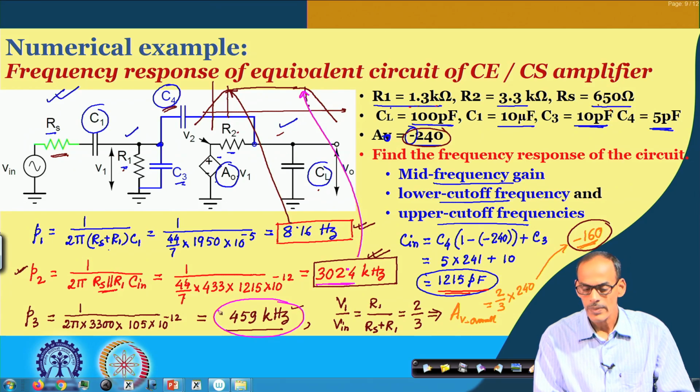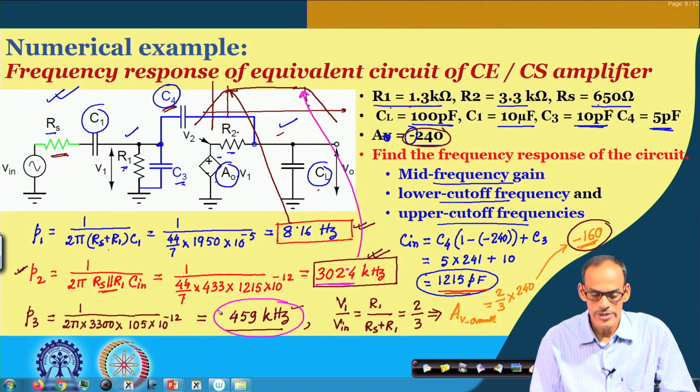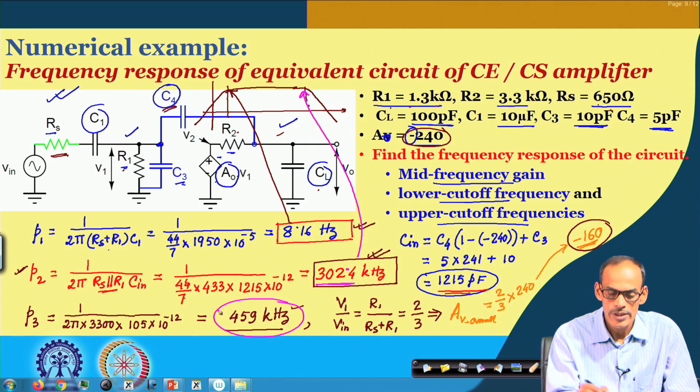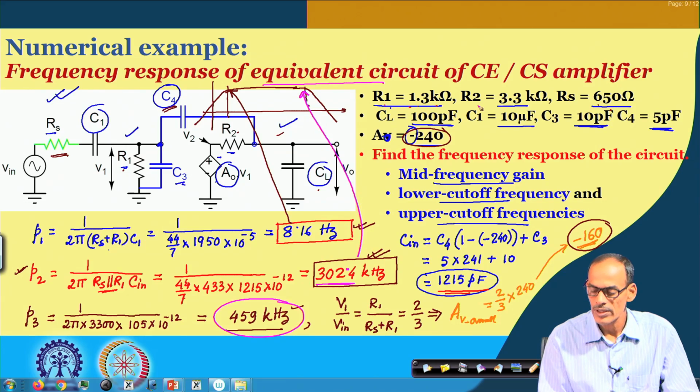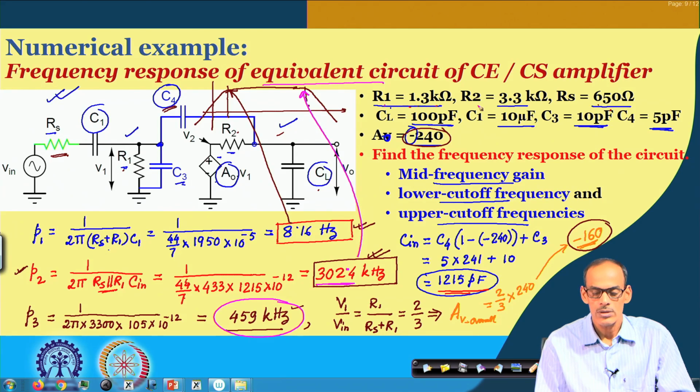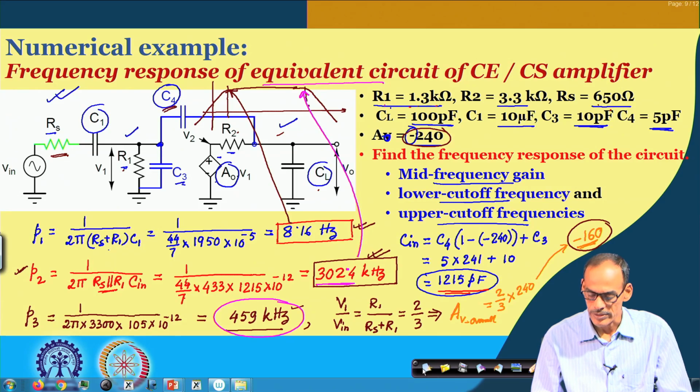Okay. Now, let me go to one actual circuit. As I said, this is an equivalent circuit, and of course, the value we have picked up here is very close to whatever the equivalent circuit we get out of the actual circuit, but for you to get a feel of that, let me consider one practical circuit.